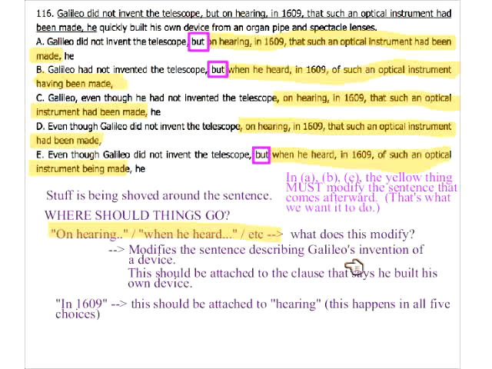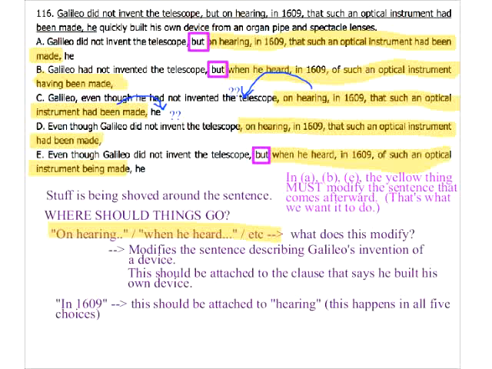So we figure that out in the meaning of the sentence. On hearing that an instrument had been made, he made his own. This is what he did on hearing that someone had made one of these things. The problem with C and D is that we don't really know what it's modifying. We don't know if it's modifying that part or that part. I mean, we know in terms of common sense that it's supposed to be the second one of those.